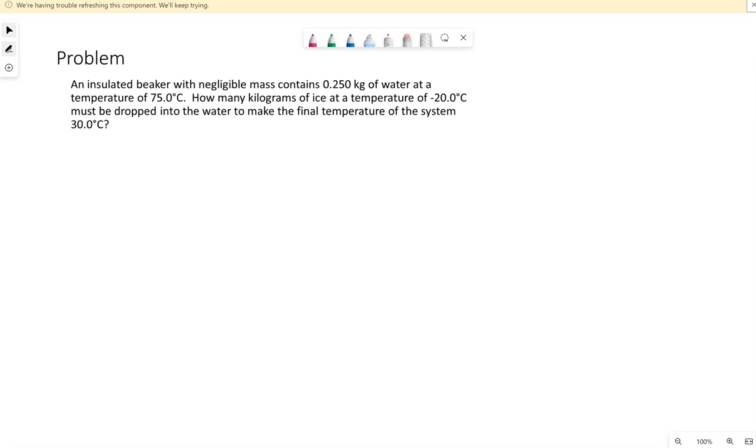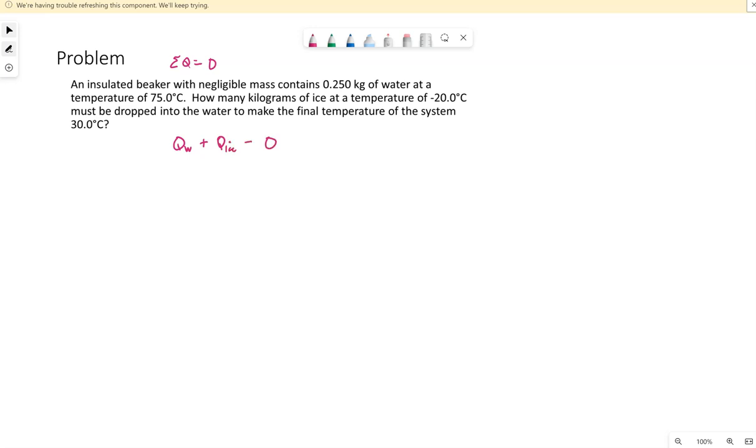All right, so insulated beaker means the sum of all the Q's, the energy exchange because of different temperatures, need to add up to be 0. Since they told us the beaker's negligible mass, we really only have the water and the ice to worry about.